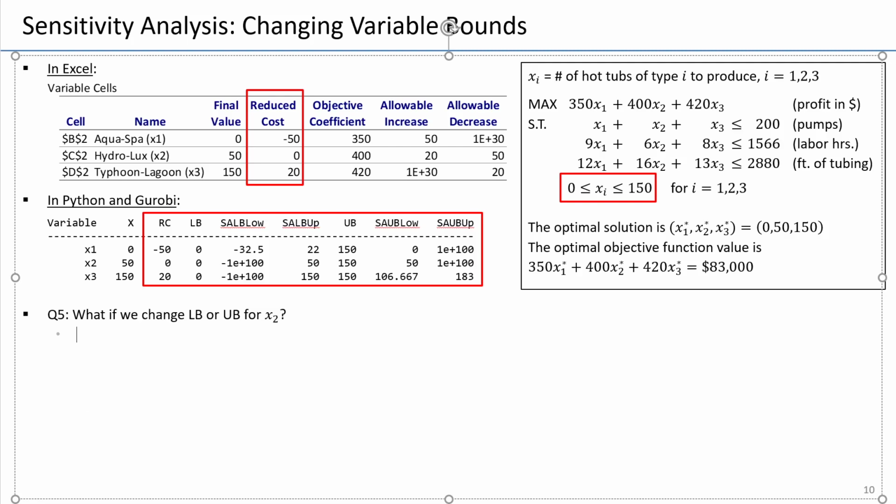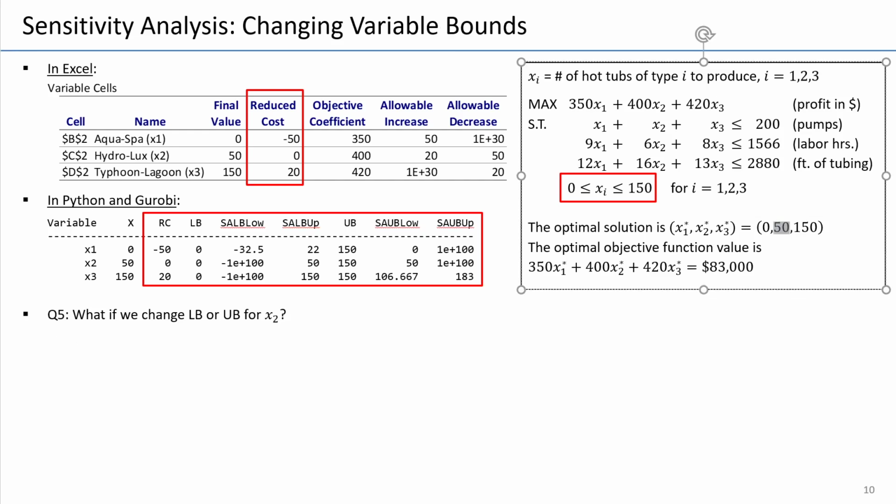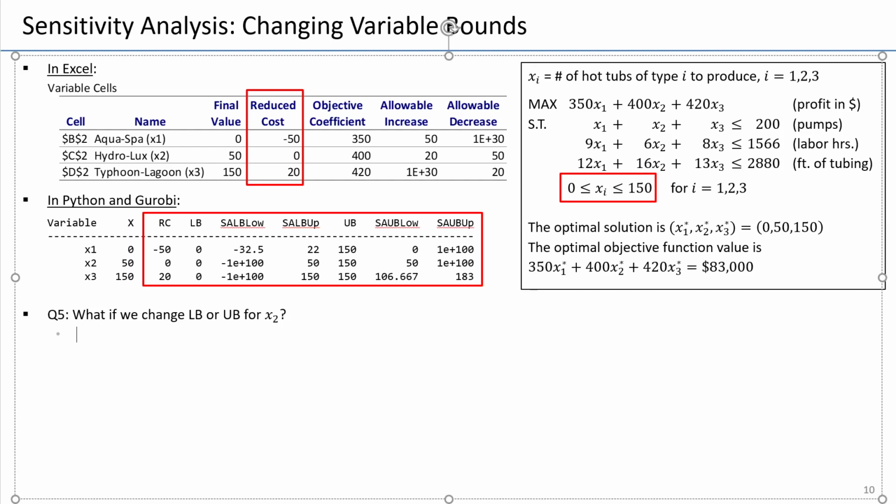Okay, last example. What if we change lower bound or upper bound for x2? So I made it a little bit more generic example, right? So for x2, x2 is equal to 50. So it is neither equal to 0 nor to 150. It's neither lower bound nor upper bound that's binding, right? So we can say neither LB nor UB is binding for x2, right?